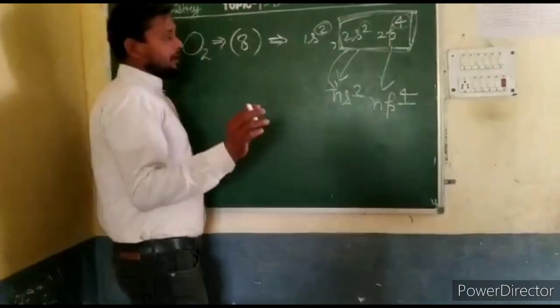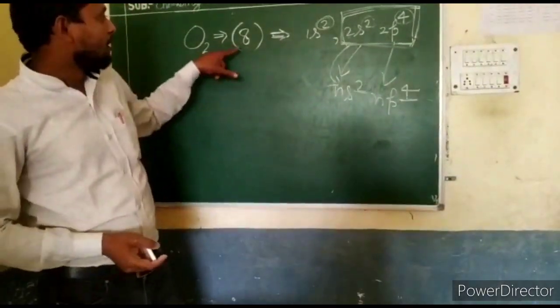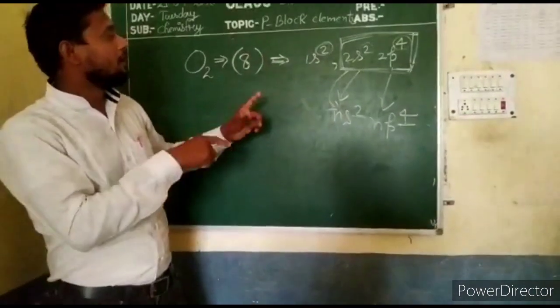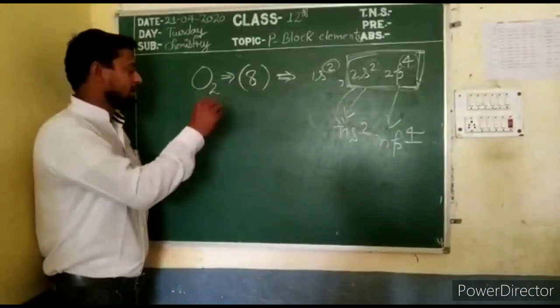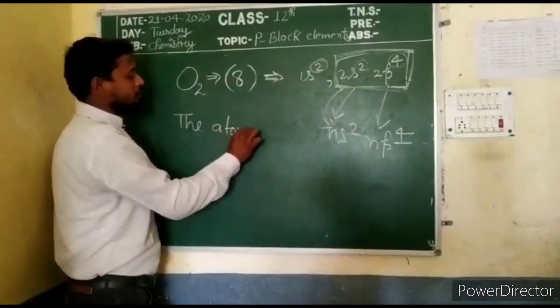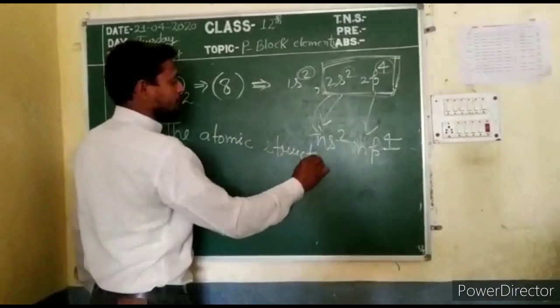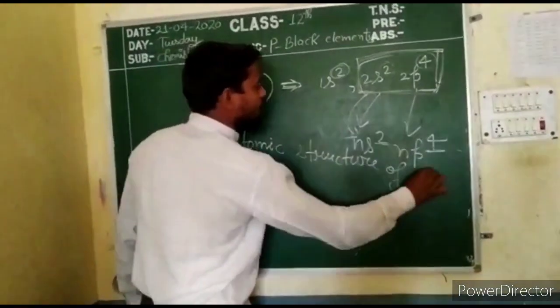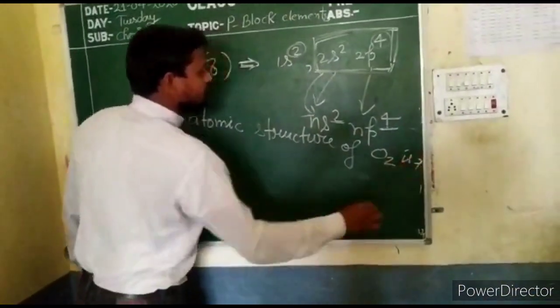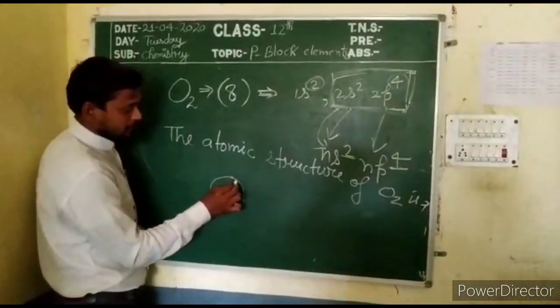Here, how do we know that? The number of electrons, how can we find it? There we can say that the atomic structure of oxygen is as follows. First we know that this is the nucleus.